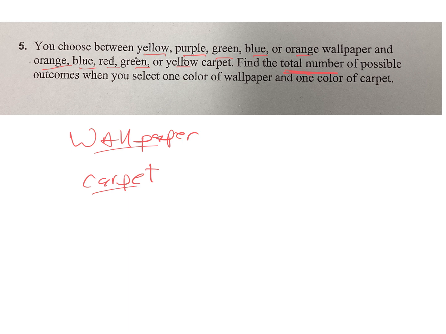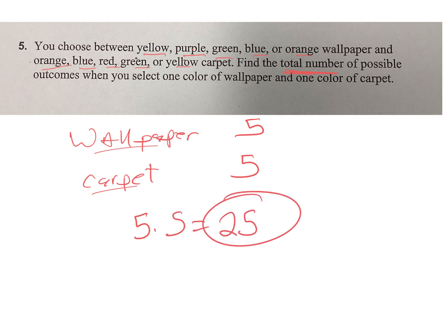Well, we see that yellow, 1, 2, 3, 4, 5. There's 5 different choices with the wallpaper, and there is 5 possible outcomes for the carpet. And the way you can put those all together is you multiply the 2 events. So 5 times 5 equals 25. 25 different ways that you can put one of those colors of wallpaper with one of the colors of carpet.